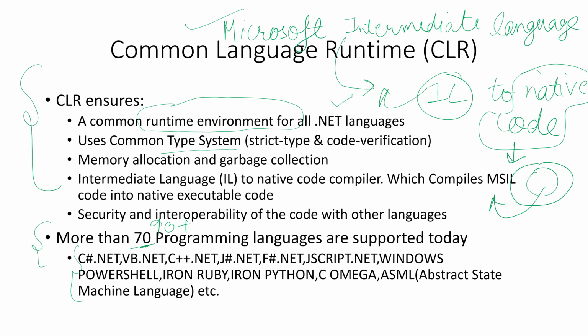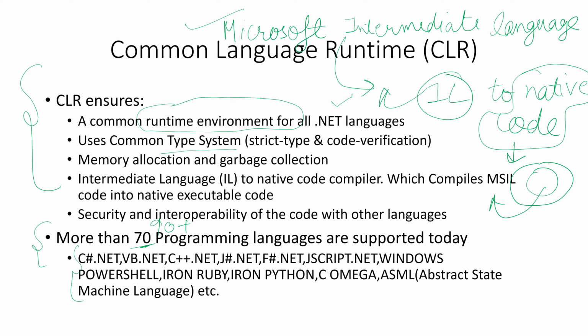Okay, so let us see how this execution is done by your .NET framework. Okay, execution of code, how it is done by your .NET framework. Okay, so first of all, you will choose a language, whether it is VB, C Sharp, C++. Okay, so you can choose any of the language supported by your .NET framework. Okay, each language will have its own language specific compiler.